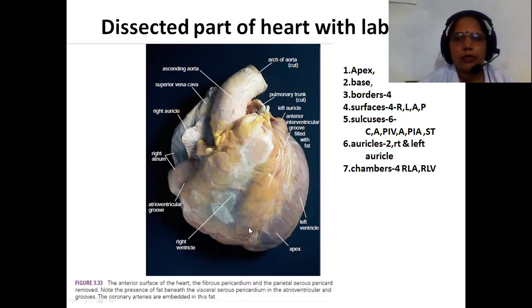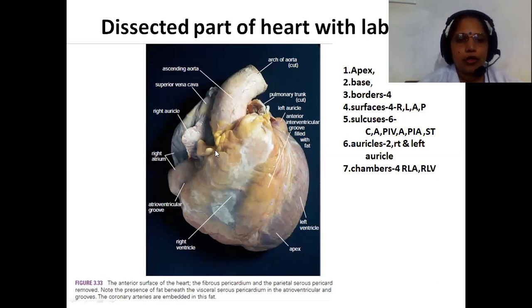Having 4 surfaces. What are the 4 surfaces? एक तो anterior, and the surface present posteriorly is called the posterior surface. This is the right surface, and this is the left surface. Sulcuses, also called grooves.